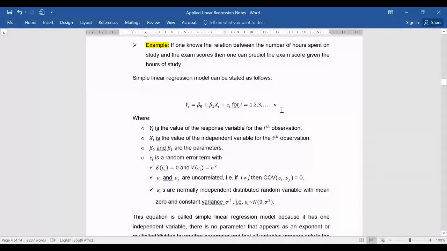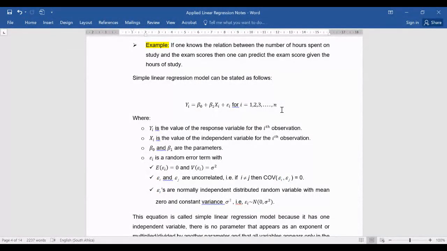A simple linear regression model is given by yi equals beta 0 plus beta 1 xi plus ei, for i equals 1, 2, 3 up to n, where yi is the value of the response variable for the ith observation.